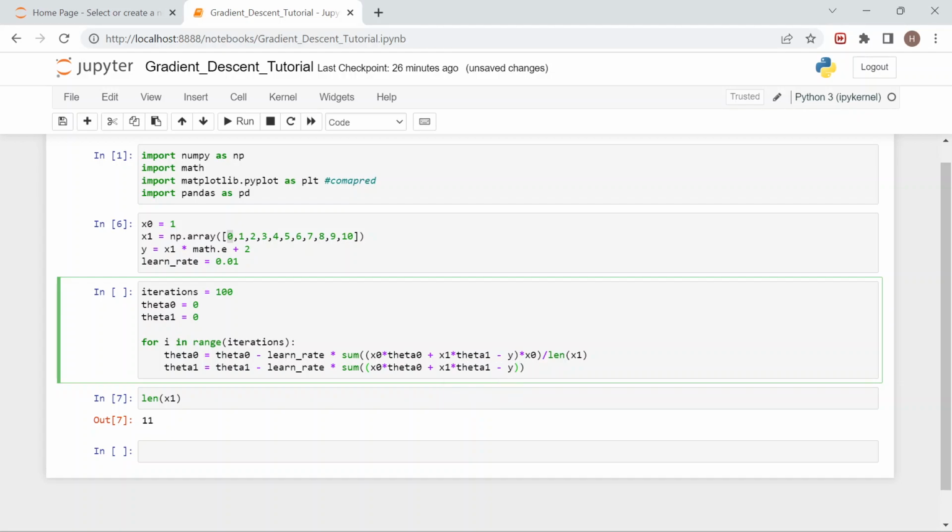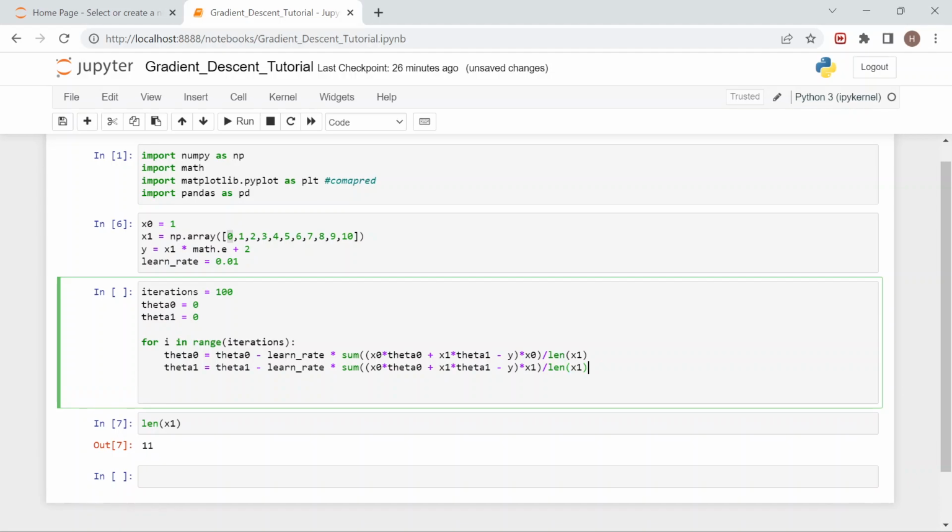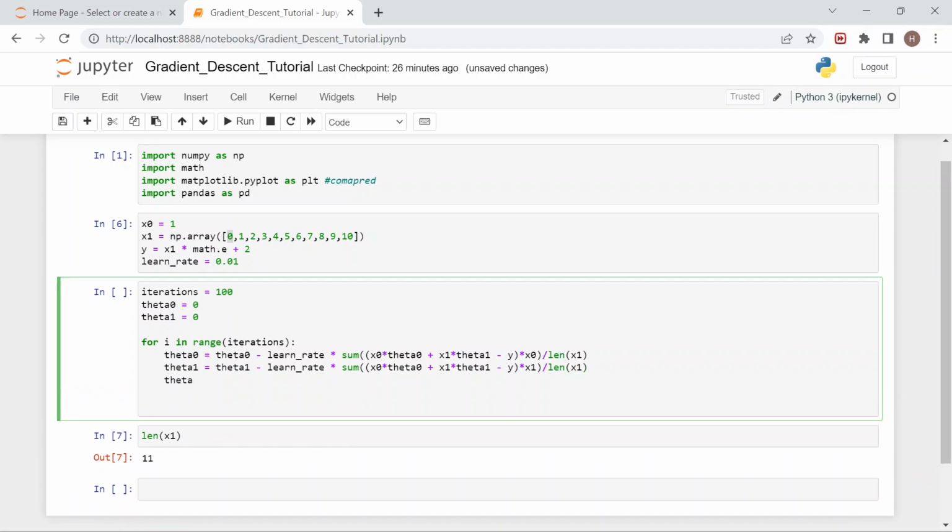Now the only difference here is we are multiplying by x1 rather than x0. The rest is all the same. By the way, if you were to have other features, you would have theta 2 and the same thing, but you would multiply by x2, or if this was 200, it'd be x200. But for simplicity, let's leave it at that.